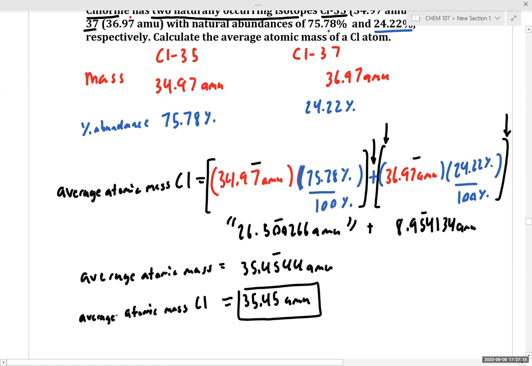Is everyone able to receive the same result when they punch it into your calculator? Make sure to enter exactly what I've written in this equation. And you have to carry through all of the digits through your calculation. Otherwise, your average atomic mass will have a rounding error.